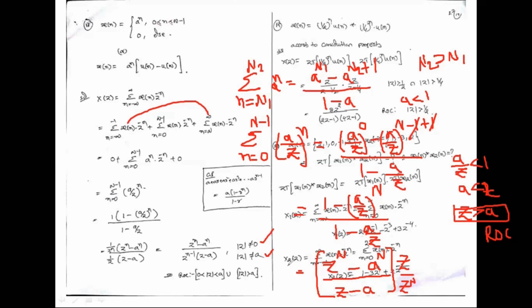Even if z is equal to a, a minus a becomes 0 and the denominator is 0, which means infinite. So it does not satisfy these two conditions. Suppose z is not equal to 0 and z is not equal to a. Except these two values, for all the remaining values the function is bounded.